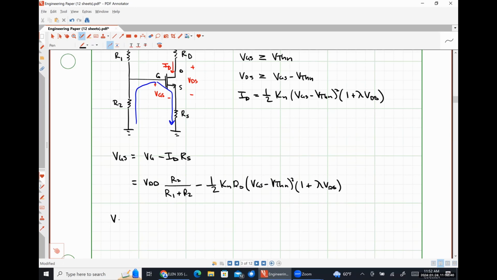Applying KVL to the right-hand side of the circuit, we get VDS is equal to VDD minus RD plus RS times ID.